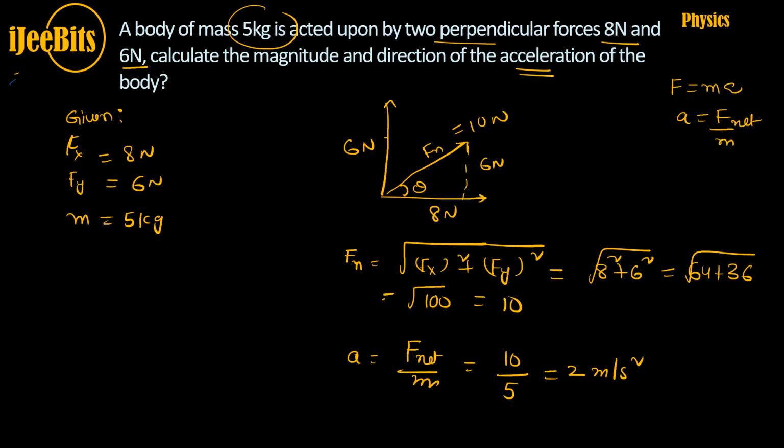So what about the theta value? Let's say cos theta is how much? Base is 8 newtons by hypotenuse 10. This would be 4 by 5.